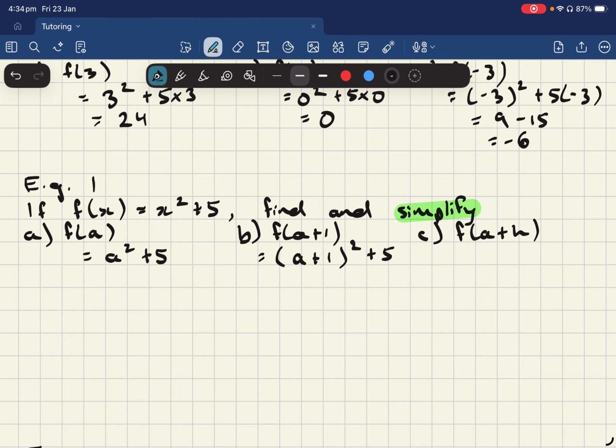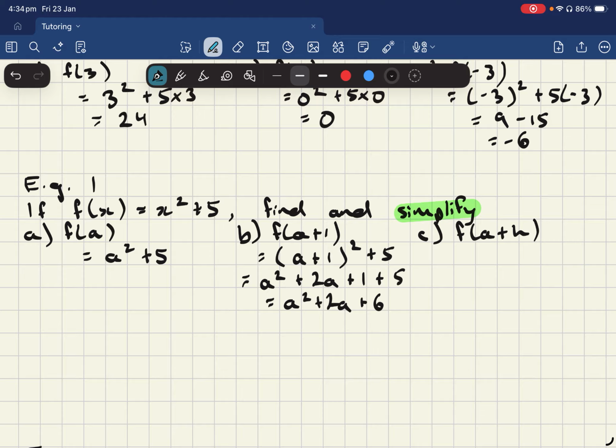So we can make this simpler by expanding. So what I'm going to do is I'm going to expand this. So I get a squared plus 2a plus 1 plus 5. And that's going to give us a squared plus 2a plus 6.